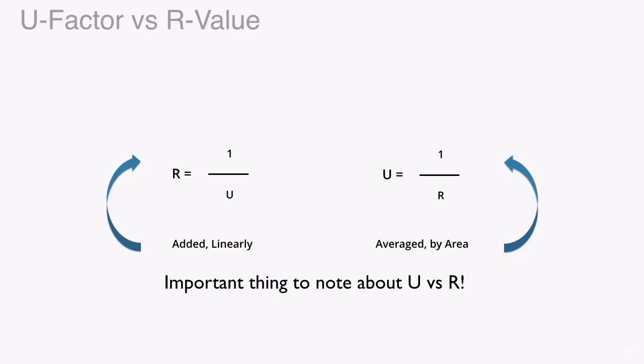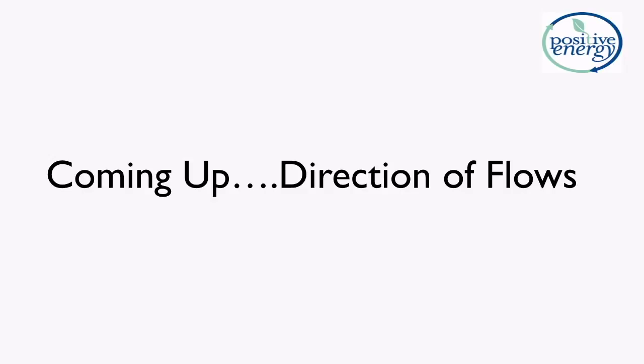There are a couple things that are important to note about U factors versus R values, and we will discuss that later on. So coming up next, we're going to talk about the direction of flows. It's sort of the nature of things that we will be addressing.